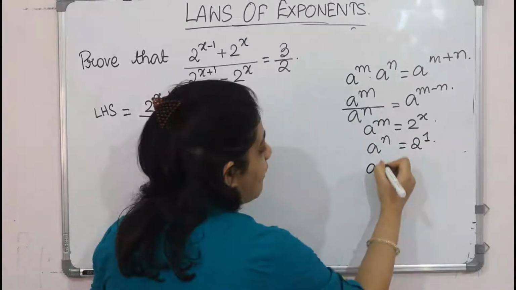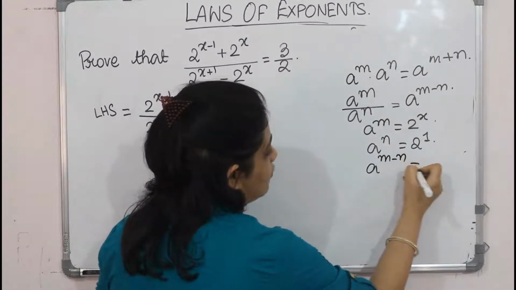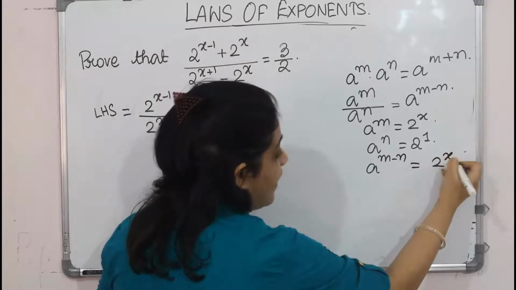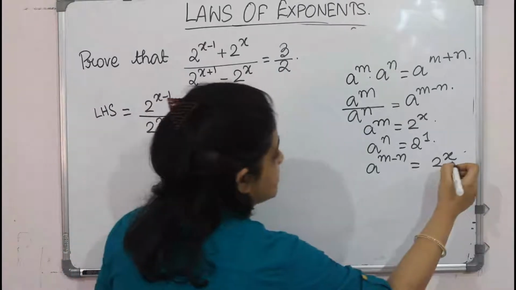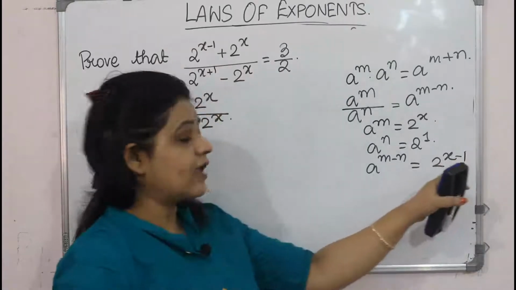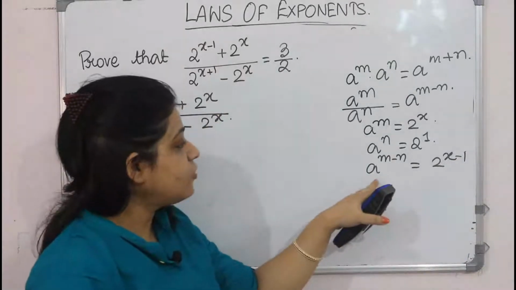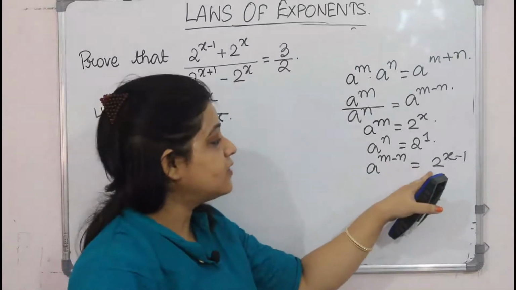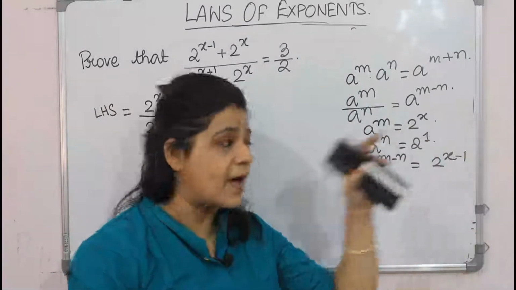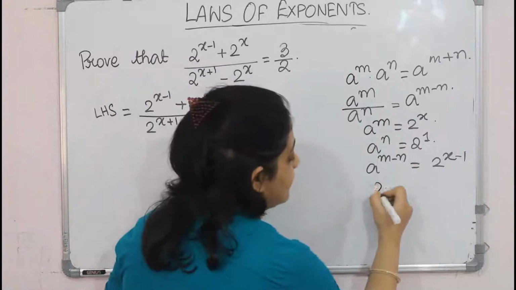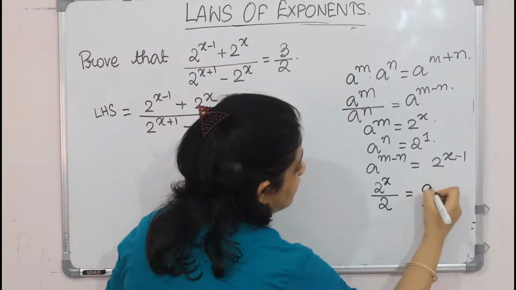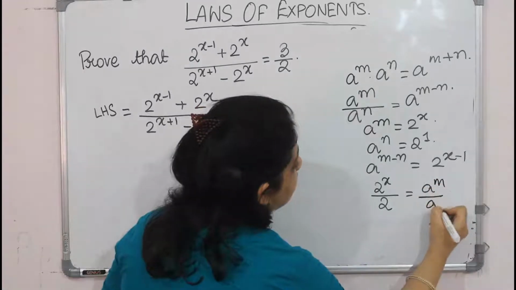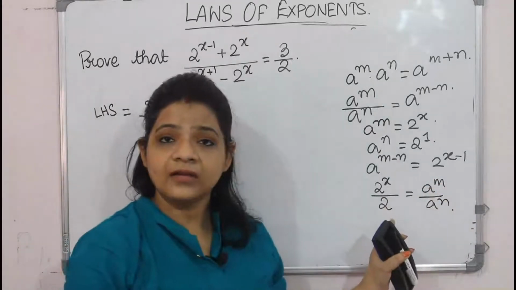So a to the power of m minus n you can write as 2 to the power of x minus 1. Yes. So 2 to the power of x minus 1 can be easily written as 2 to the power of x by 2. Yes, according to this formula I can write.